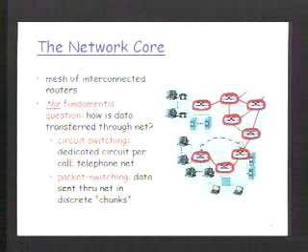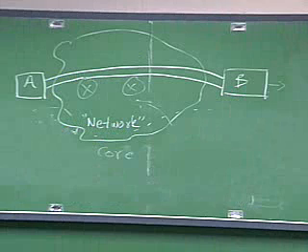What happens inside a network? The network is also called the network core. This was the edge, the end systems, and the network itself is called the network core. Now, how is data transferred across this network?